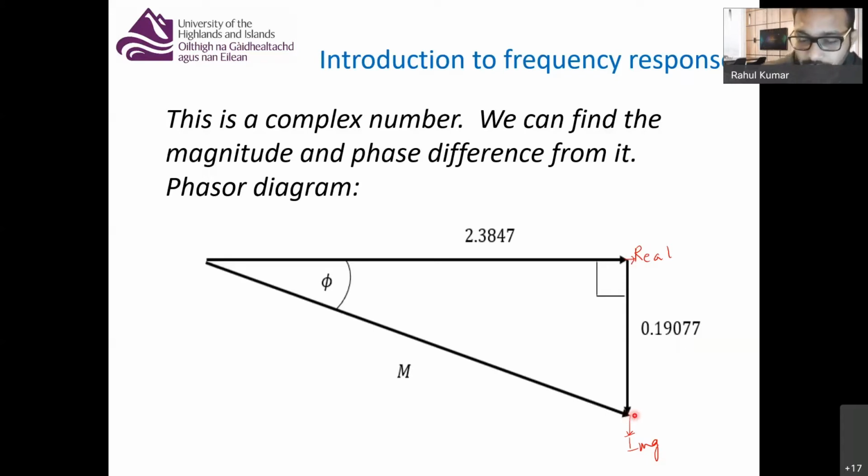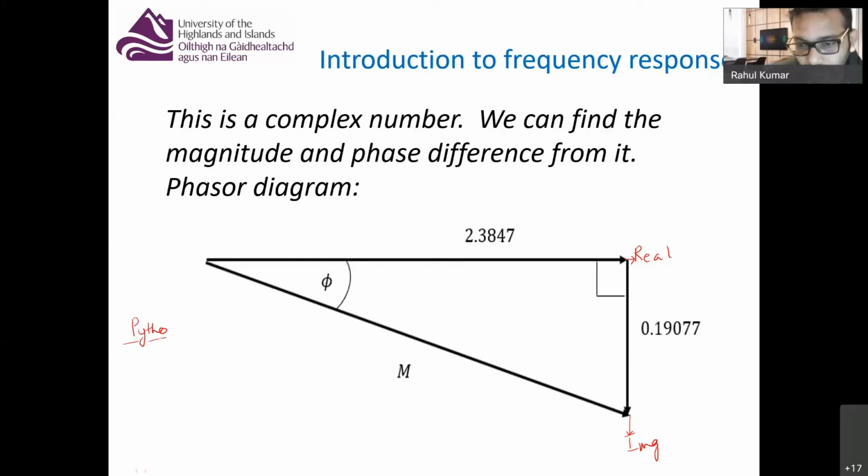Okay, now if we join the two ends of this phasor diagram to complete this right angle triangle, the length of this hypotenuse or this diagonal is your magnitude, and the angle which it makes from the x-axis is the phase. So if we apply Pythagoras theorem and some trigonometrical identities, let's apply Pythagoras theorem.